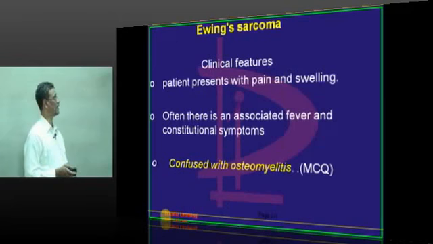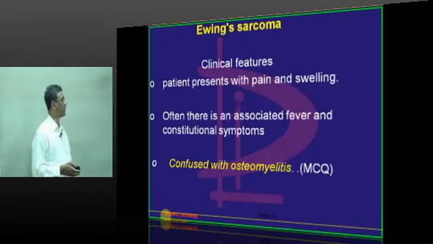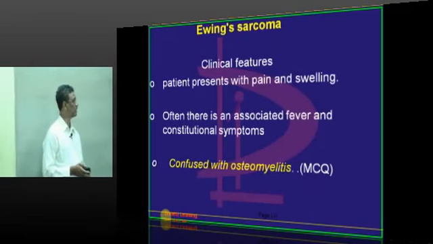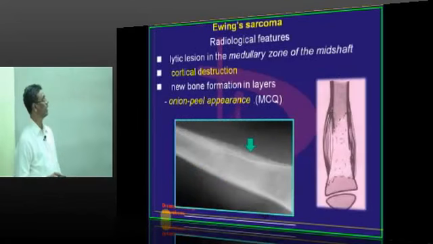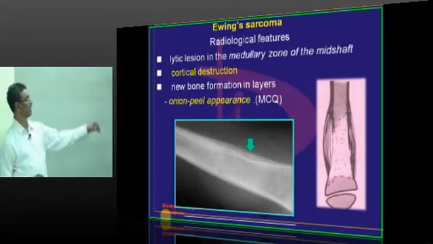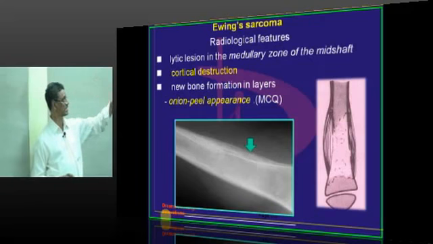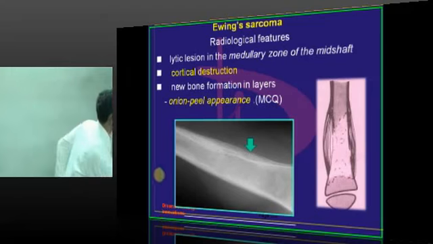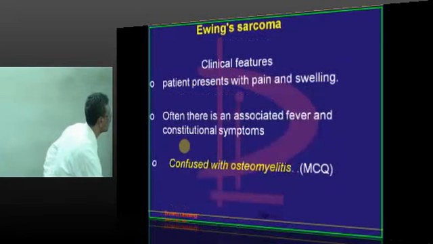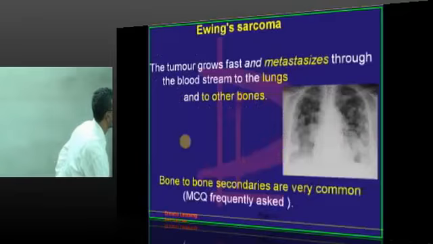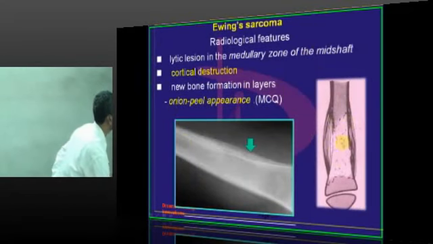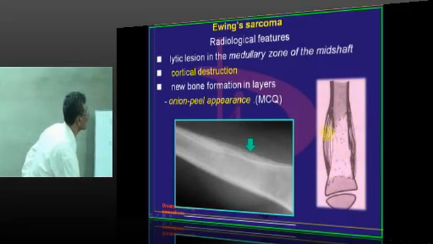Clinical features: presents with pain and swelling. Often there is an associated fever and constitutional symptoms. Confused with osteomyelitis. Radiological features are a lytic lesion in the medullary zone, because it is in the medulla, then cortical destruction, and layer after layer of new bone formation.